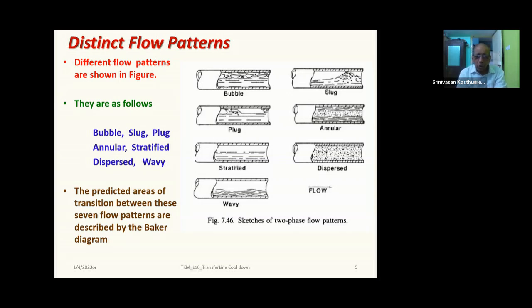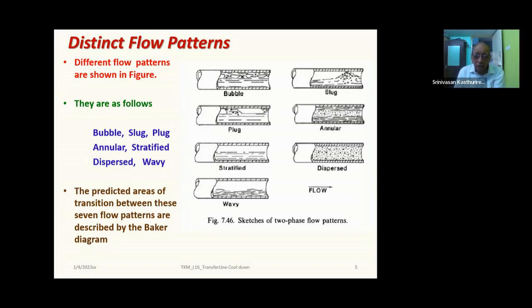As you see, we are gradually increasing the vapor content of the system. Then you get what is called the dispersed flow or mist flow. The mist flow or dispersed flow is where you have a large quantity of vapor and a very small quantity of liquid, which is in the form of droplets. So liquid droplets are present in a flow of vapor.